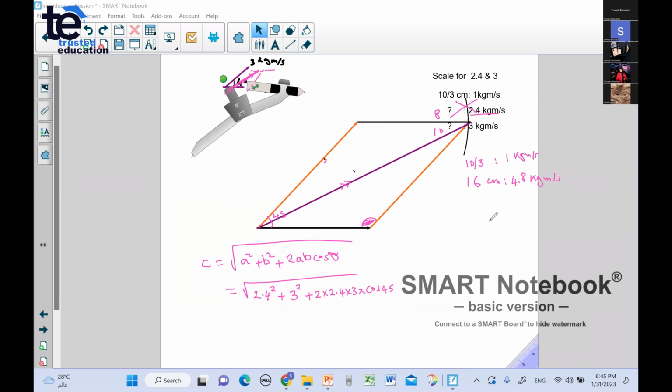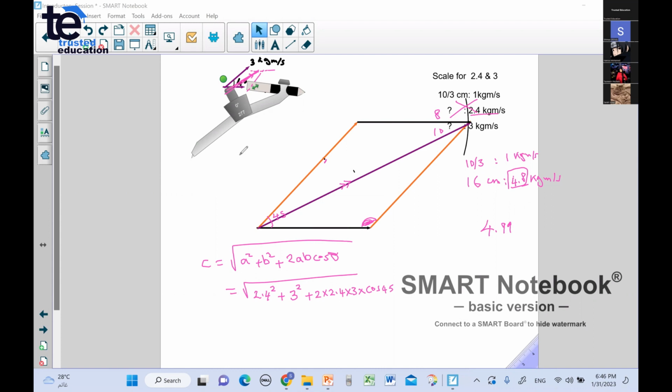I got an answer exactly equal to 4.99. So getting 4.8 is very good. And if you check the mark scheme, you will see that it is inside the range. So this is the method of how to add two vectors graphically and check them algebraically.